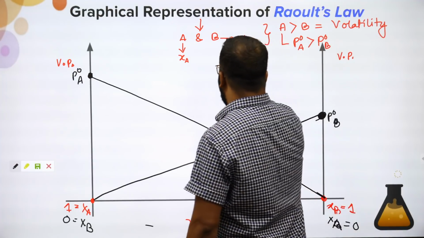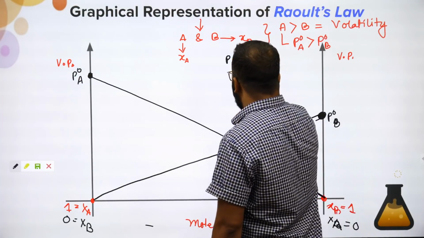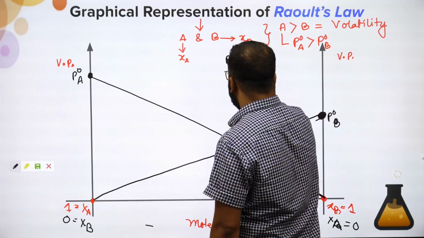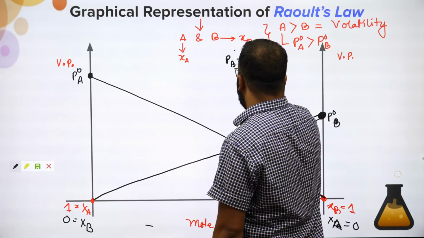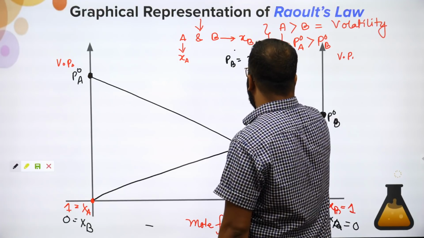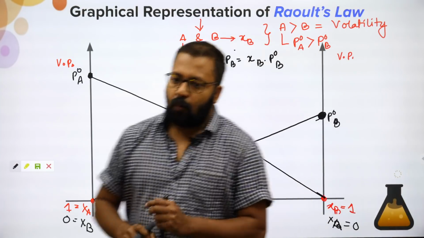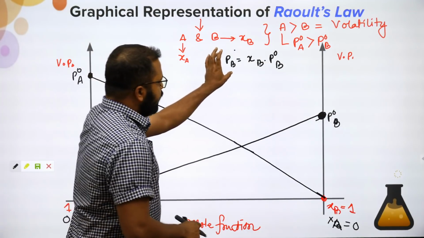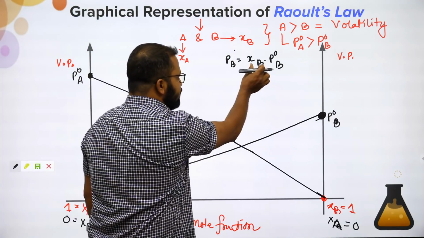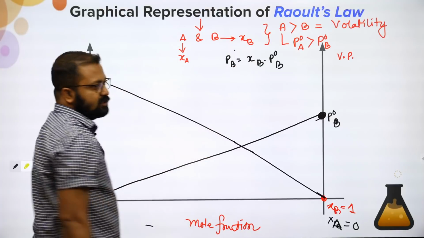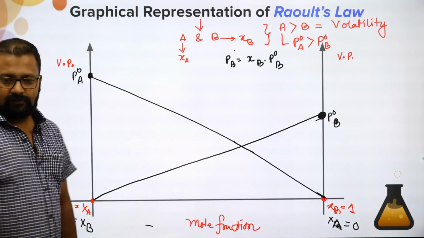If you remember, what is the relation between vapor pressure of B with respect to its mole fraction? The vapor pressure is dependent on the mole fraction. Don't you think that if I change this linearly, this will also change linearly? You get a plot like y equals x. Okay?